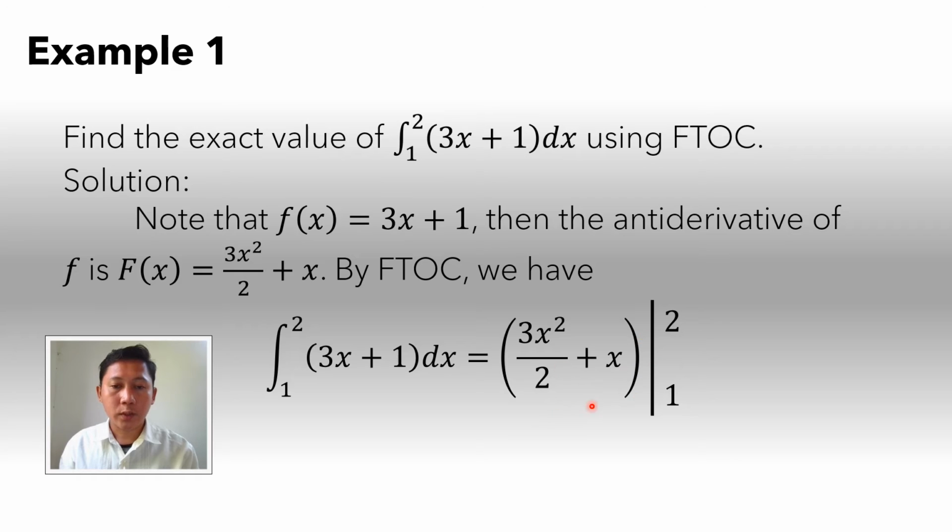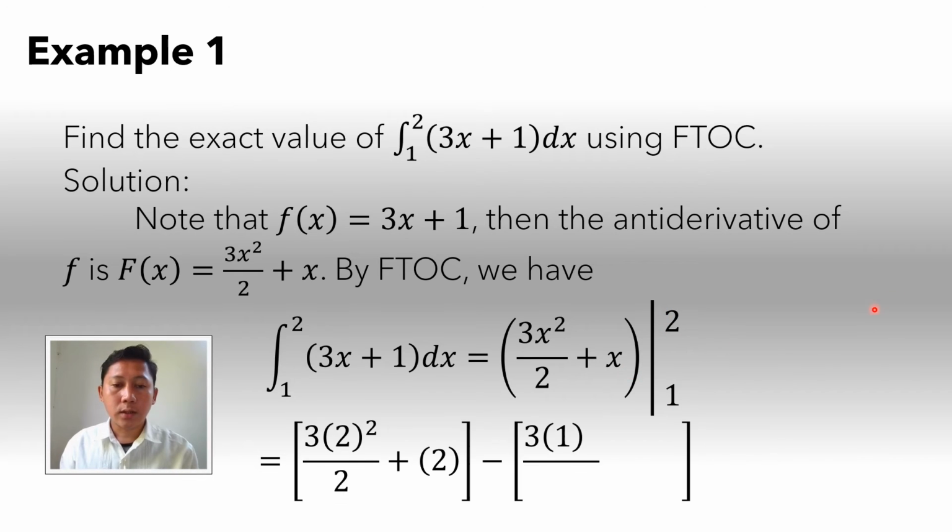So observe that if our antiderivative has more than one term, we shall enclose it with parentheses before we put a vertical bar evaluated from 1 to 2. Okay? So let's now apply the fundamental theorem of calculus.